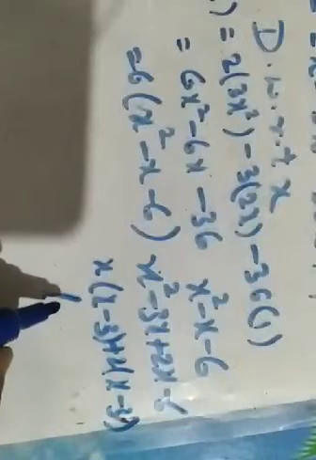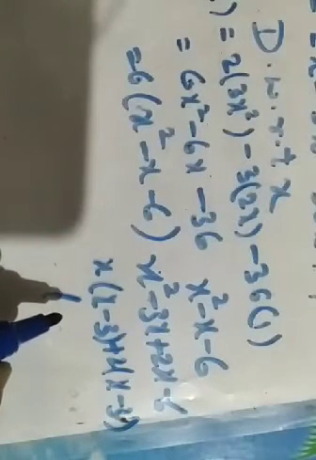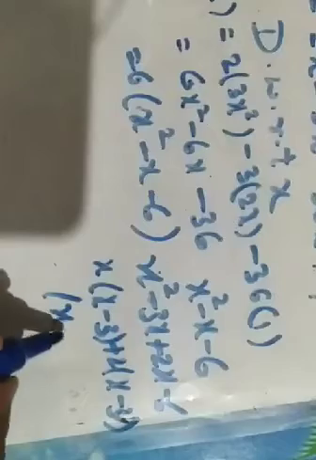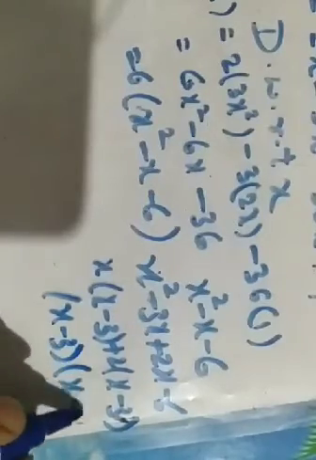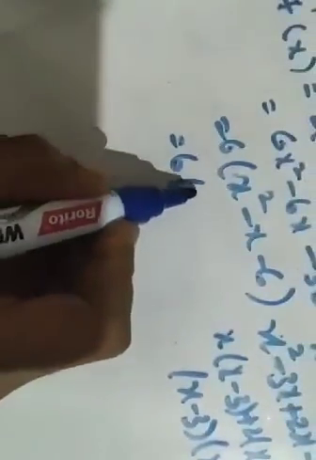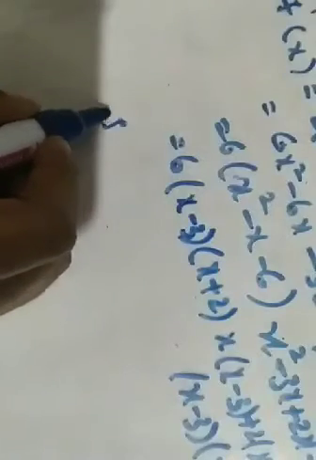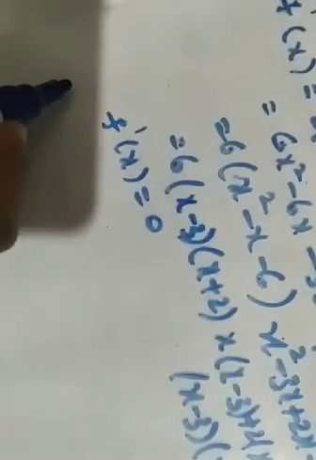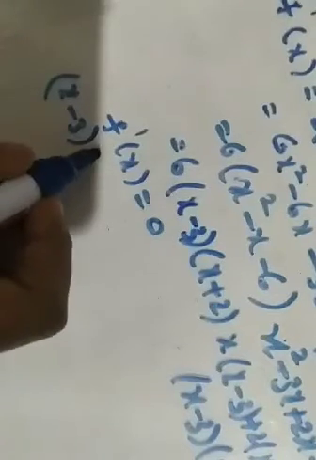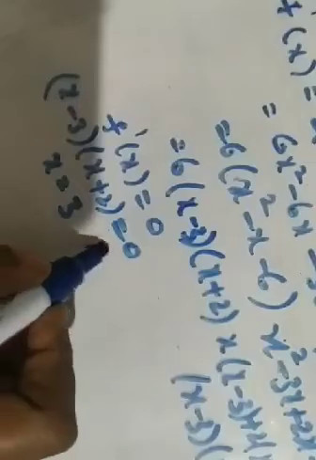So f dash of x is 6 into x minus 3 into x plus 2. If you consider f dash of x is equal to 0, you will get x minus 3 into x plus 2 is equal to 0. We get x is equal to 3 and x is equal to minus 2.